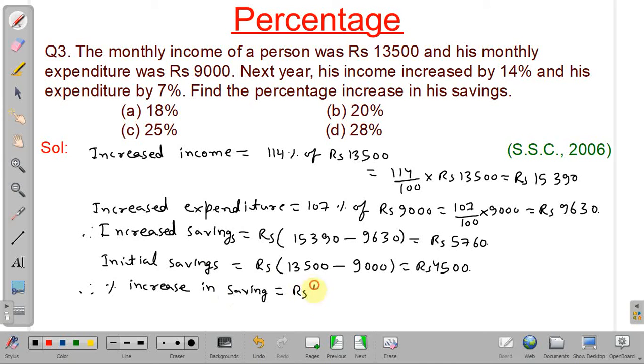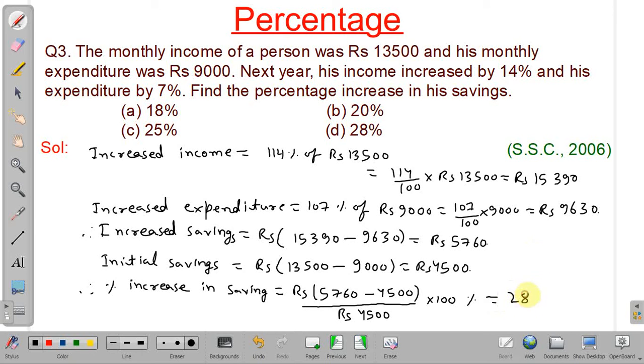So rupees 5,760 minus initial saving, that is 4,500. As we are calculating the percentage increase in saving, we will take the base as the initial saving. So rupees 4,500 into 100. Okay, so this much percentage. So when we calculate, how much will we get?